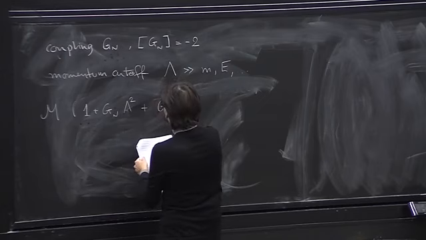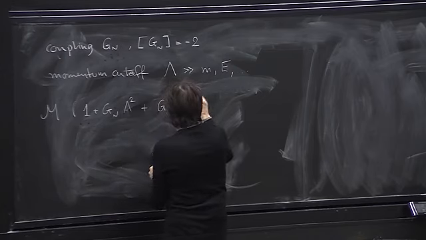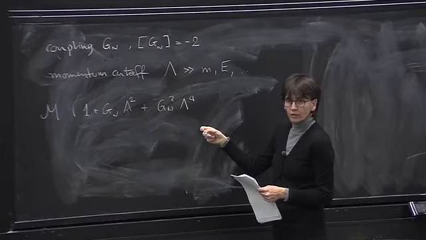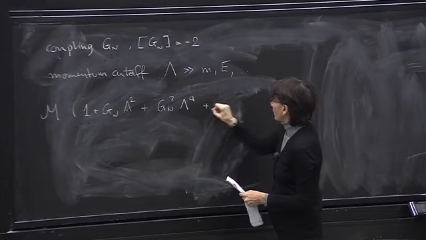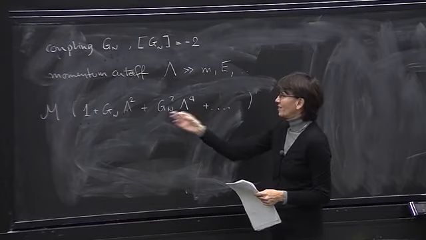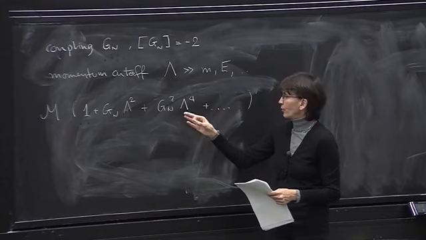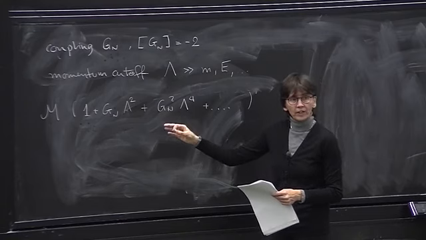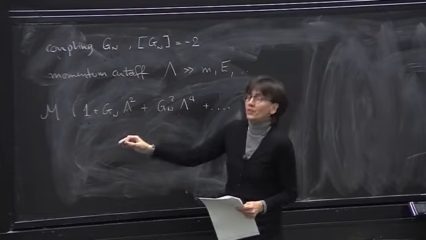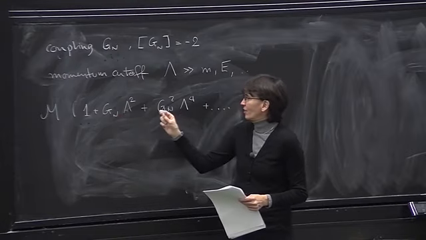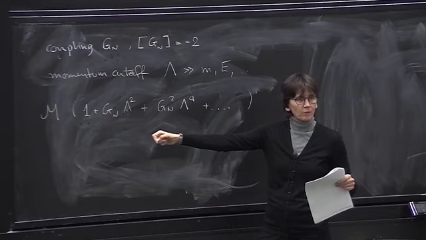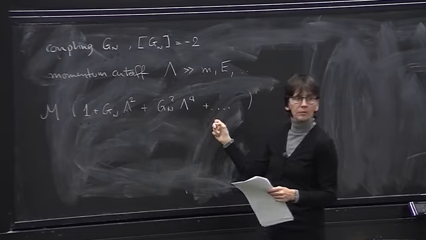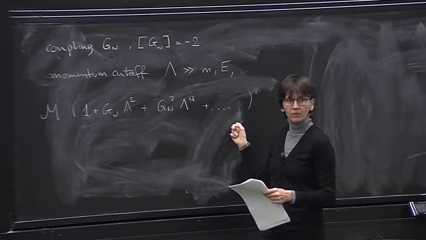So it must go like that. Higher orders, Gn squared, must be accompanied by corresponding higher orders in this lambda cutoff. And you can already see that this spells disaster, these higher order terms, because of course I want to send lambda to infinity. And what I see here is that if I really do this, then the contributions in my perturbative series will blow up the higher I go in this series.